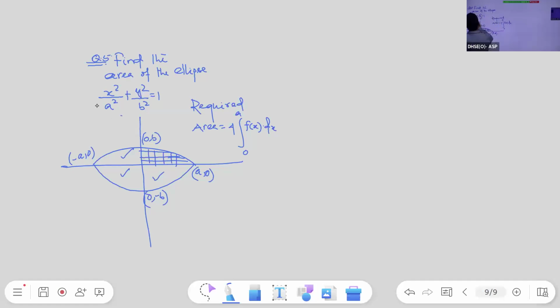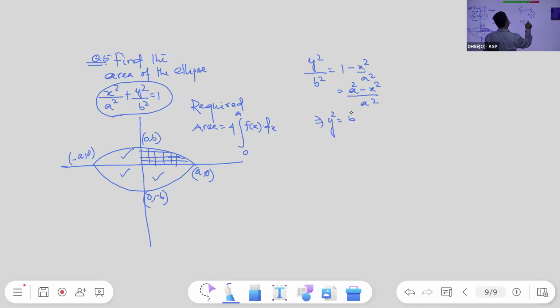So we have to write down the equation in the functional form. y square by b square is equal to 1 minus x square upon a square, which is equal to a square minus x square upon a square. So y square is equal to b square upon a square into a square minus x square.